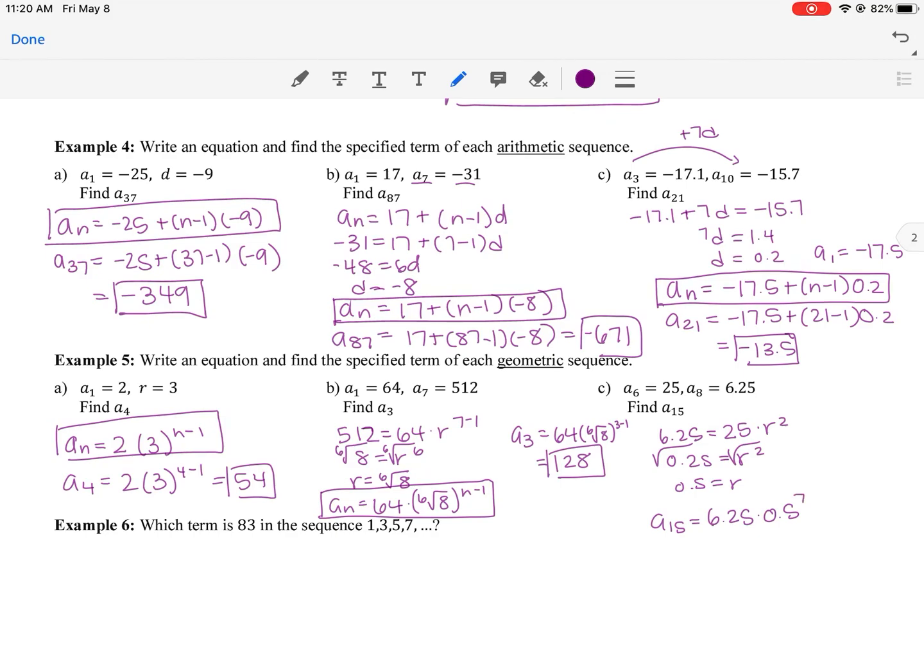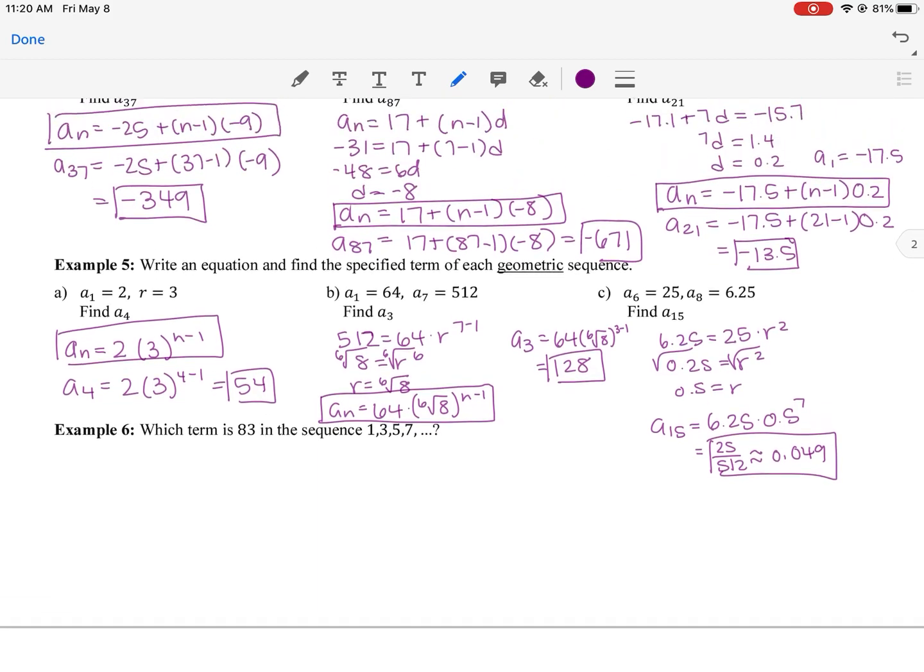So 6.25 times 0.5 raised to the 7th gives us that the 15th term is 25 over 512, which is approximately 0.049.